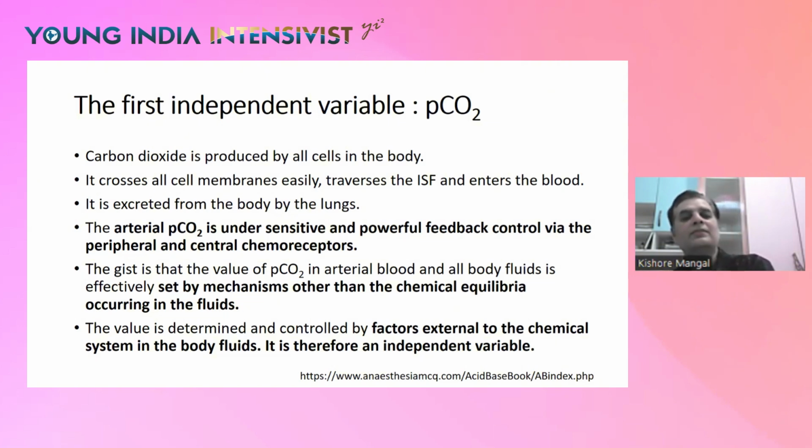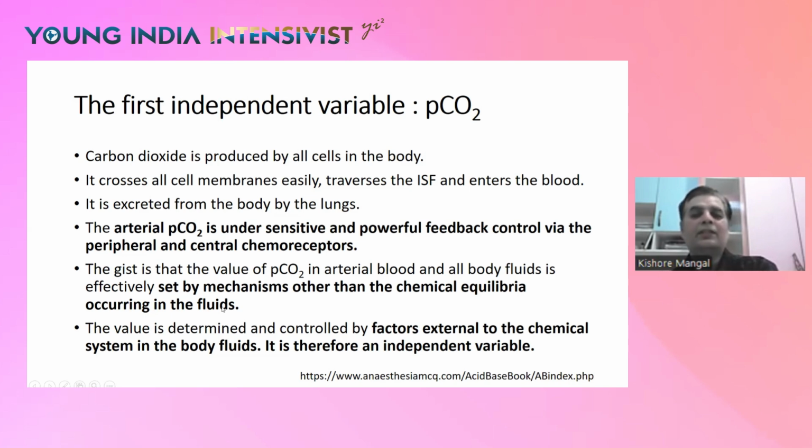So what we understand here is that the CO2 level is not controlled at the level of fluid inside the cell or in the blood or in the ISF, but is actually being controlled by the chemoreceptors. Right. So PCO2 in arterial blood and all body fluids is effectively set by mechanisms other than the chemical equilibria occurring in that particular fluid.